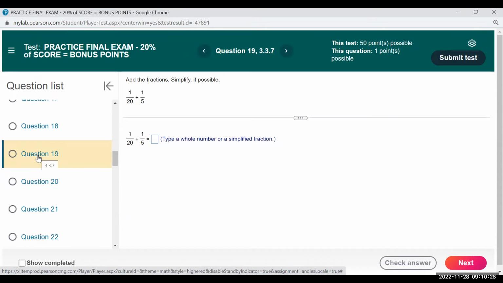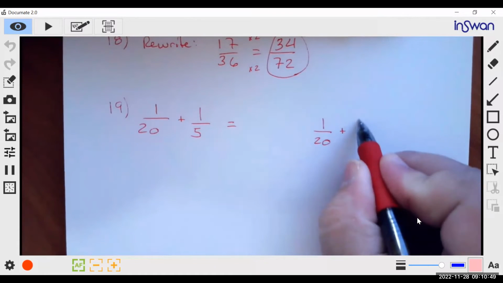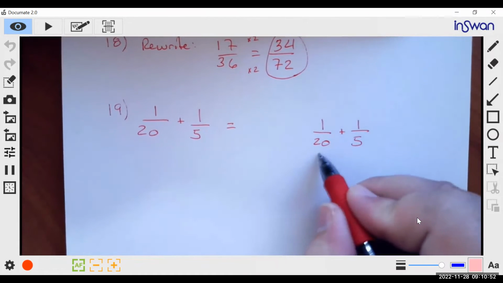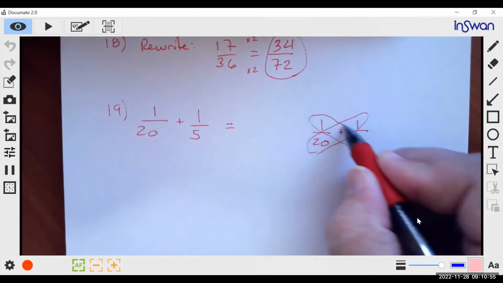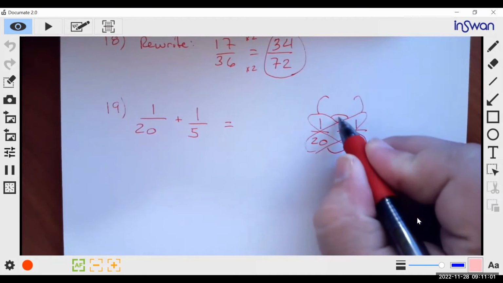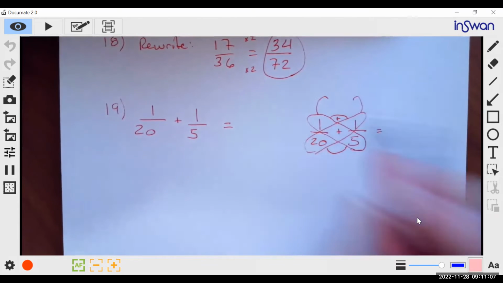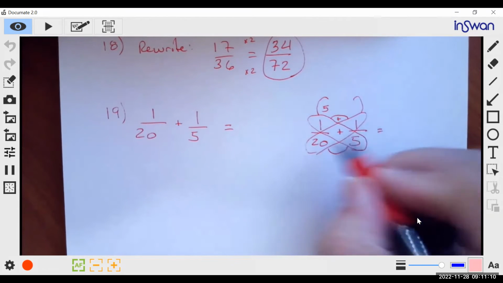Add the fractions. Okay, whenever I add and subtract, if I can, I like to use the butterfly method. 1 times 5 is 5. 1 times 20 is 20.